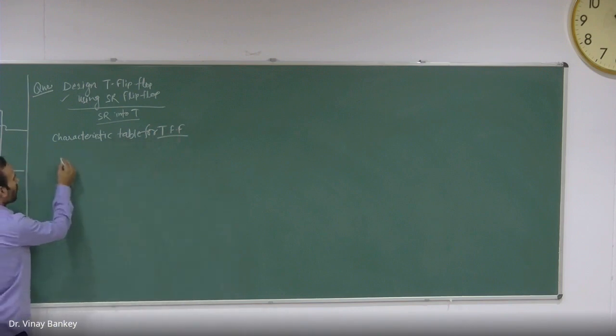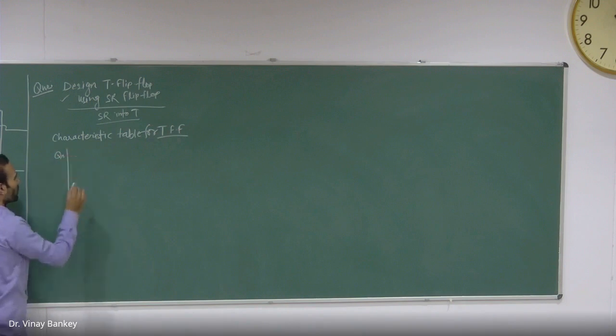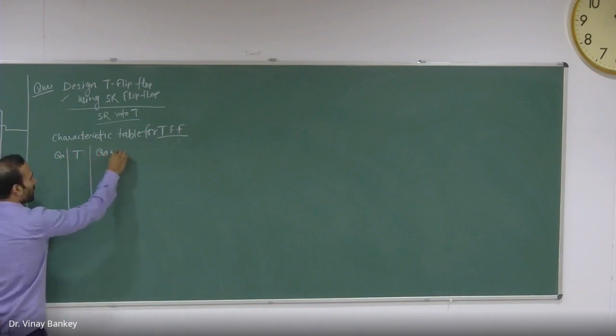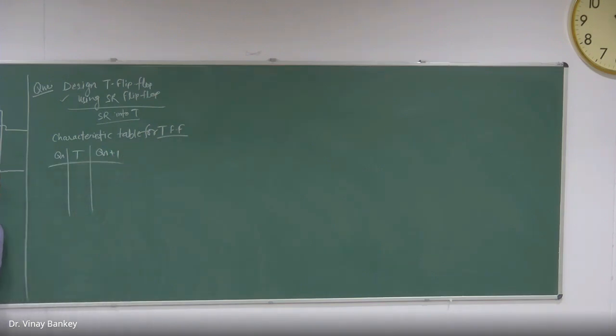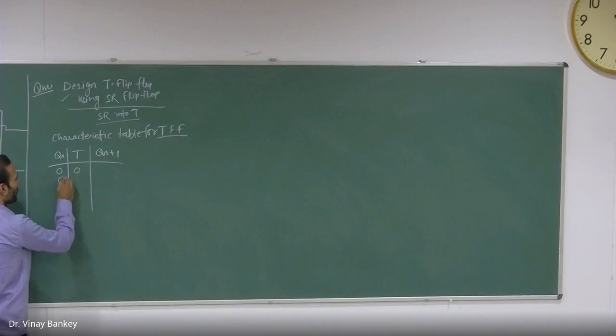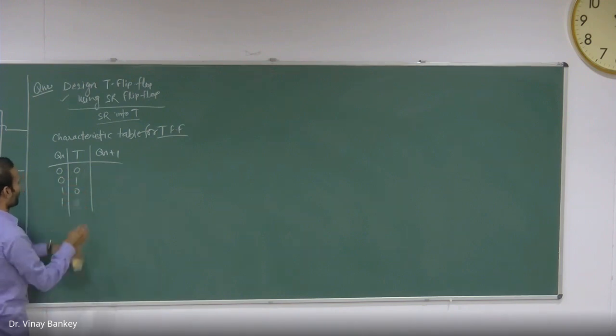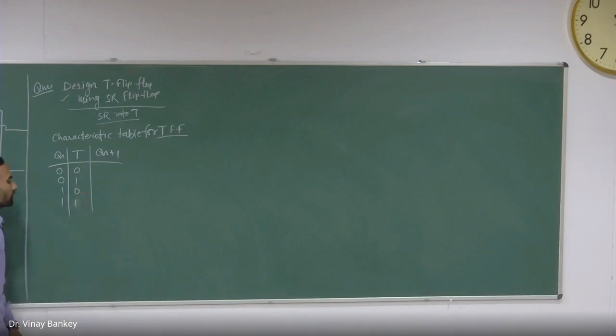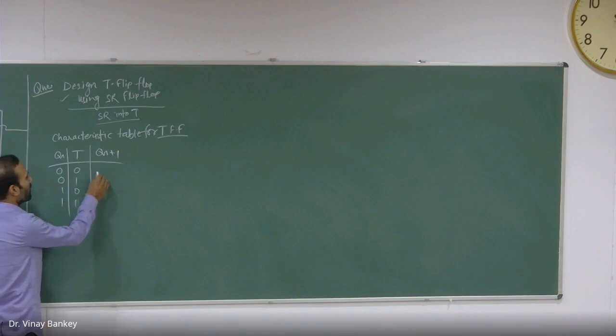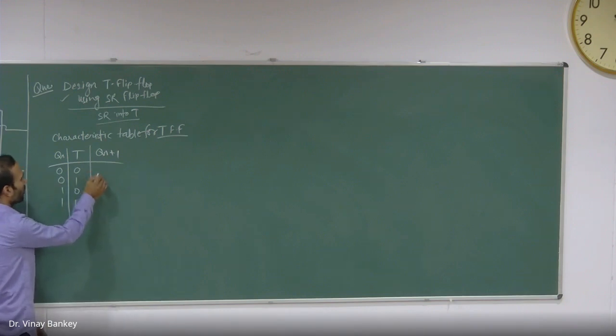Okay, now what? Characteristic table means what you need? Qn, the previous one, and the input, and you will write for the next stage. There will be 4 combinations: 0, 0, 0, 1, 1, 0, and 1, 1. So accordingly, you will write the Qn plus 1, that is the next state of the flip-flop.